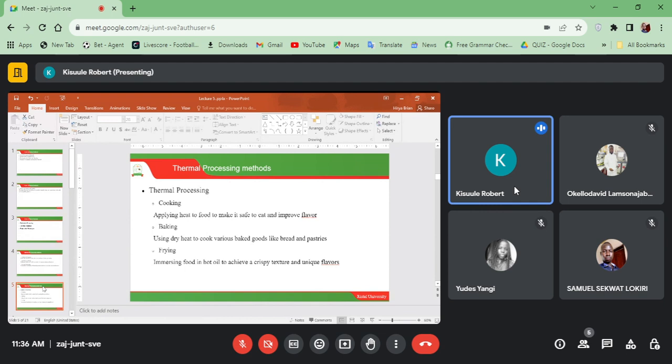The properties could be pH, surface area, and then warmth as one. So with warmth, reducing the temperature to slow down enzymatic reactions is very key. When we put these foods under refrigeration, the enzymes cannot carry out the reactions.